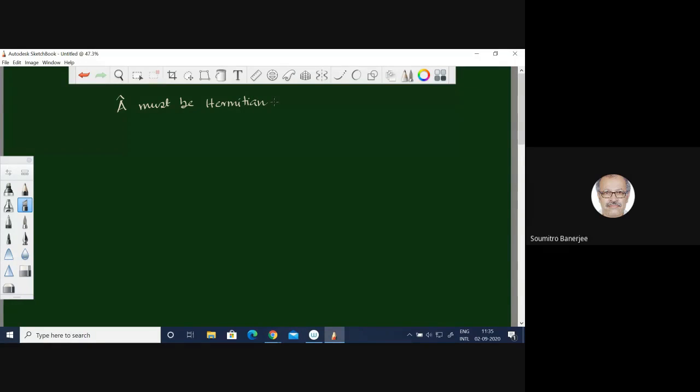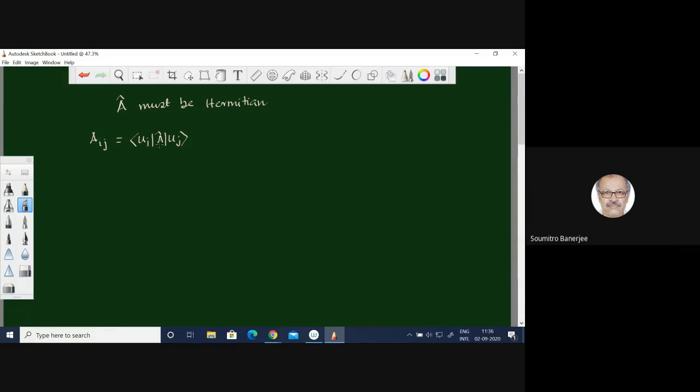So what will be the demand on the elements A_ij? This is what we are investigating. What should be the demand on the elements A_ij if these are to be Hermitian? And A_ij, as we have just seen, is obtained as <U_i|A|U_j>, the ijth element.